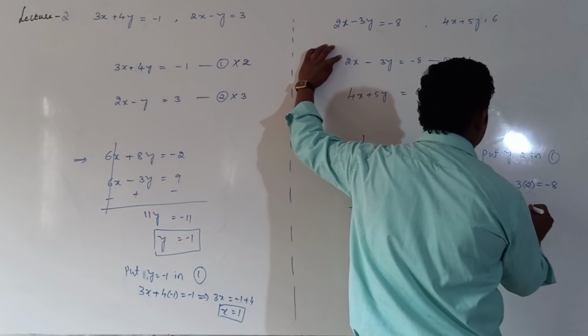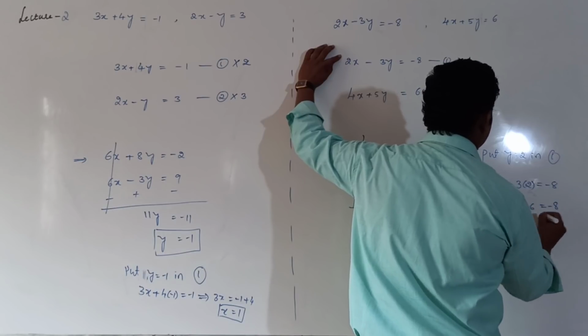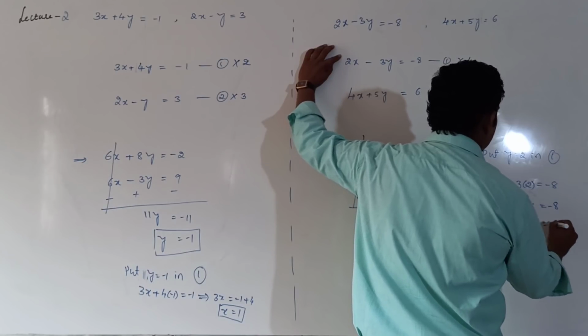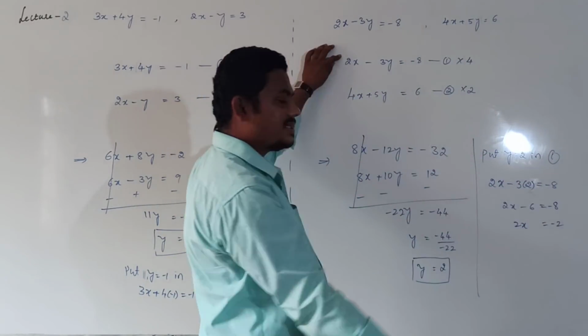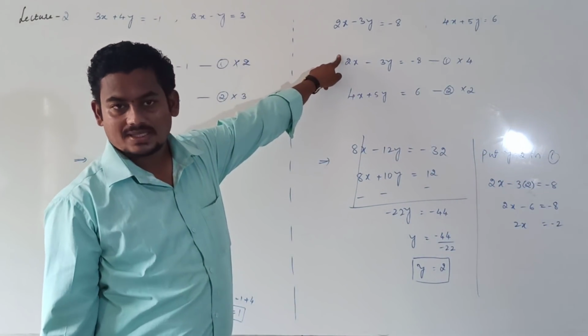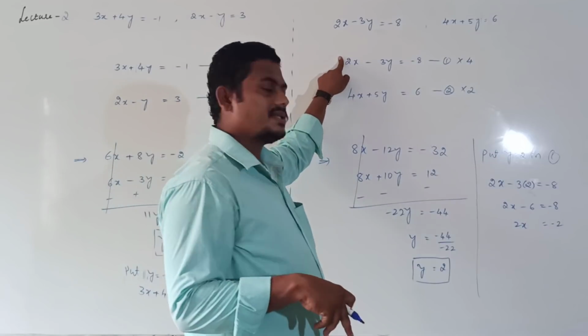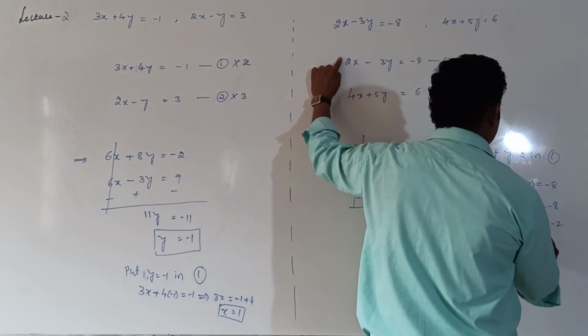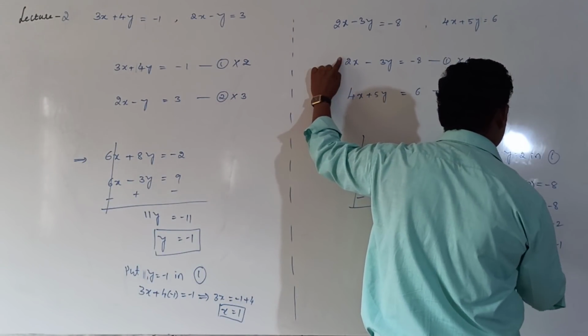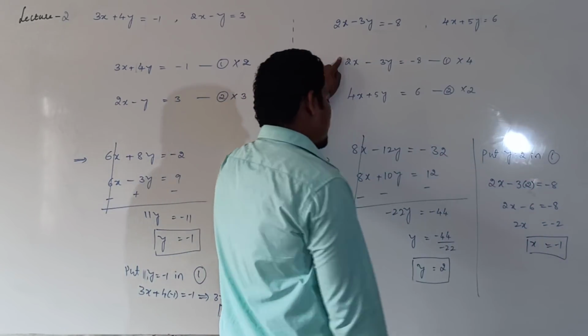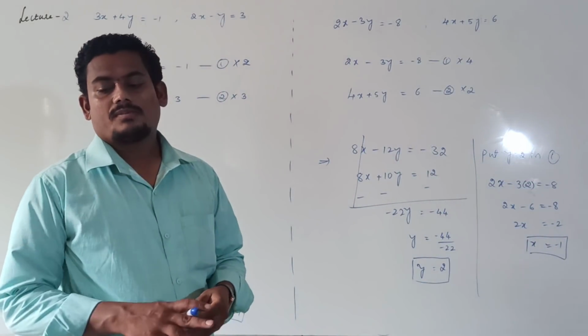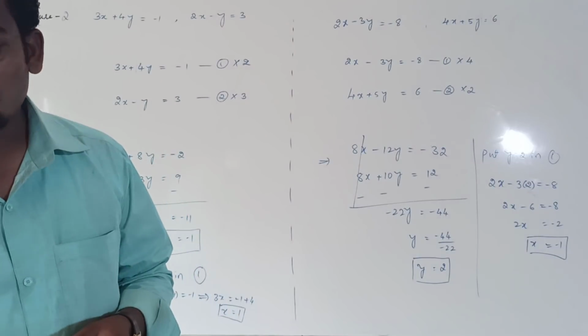Then 2x minus 6 equal to minus 8. So 2x equal to minus 2: minus 6 sent to the RHS becomes plus 6, and minus 8 plus 6 is minus 2. 2x equal to minus 2 means x equal to minus 1. X value minus 1, y value 2, by the method of equalizing coefficients.